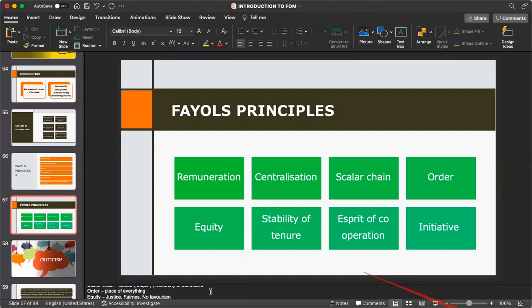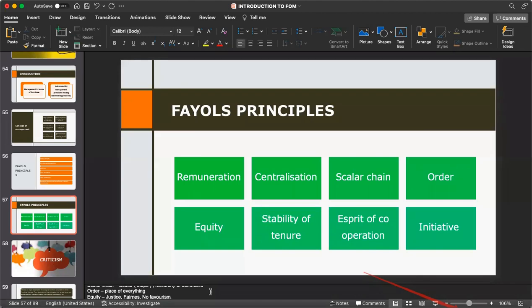Now, order means basically a place for everything. For example, let us suppose you are visiting a hotel or a restaurant. Once you enter, you will find a reception counter or an inquiry counter. Inside, you might find a good location for the washroom, good sitting arrangements, a playing area, a spot for taking selfies for the youngsters.